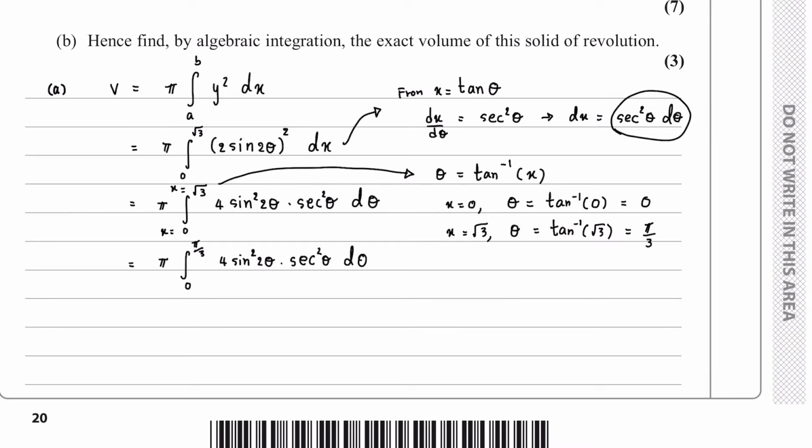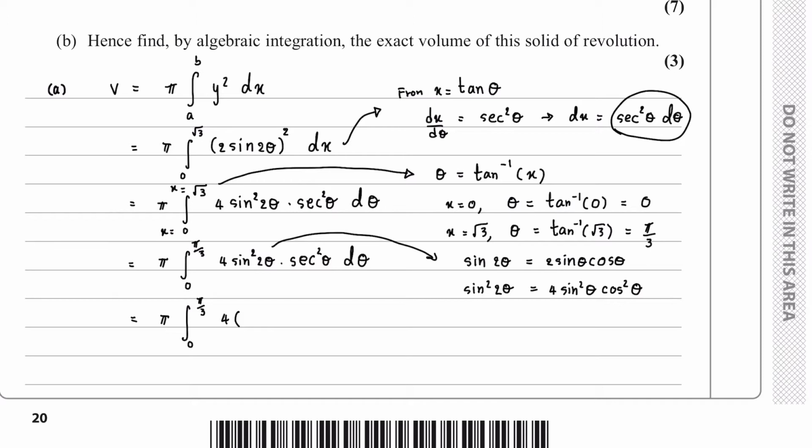squared theta d theta. From this one, we know that sine 2 theta equals 2 sine theta cos theta. That means sine squared 2 theta equals 4 sine squared theta cos squared theta. So we can just replace this one by this term. So it's going to be 4 times 4 sine squared theta cos squared theta, and you multiply this by sec squared theta.